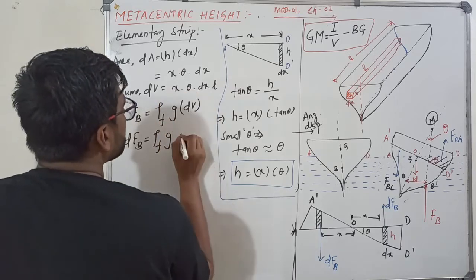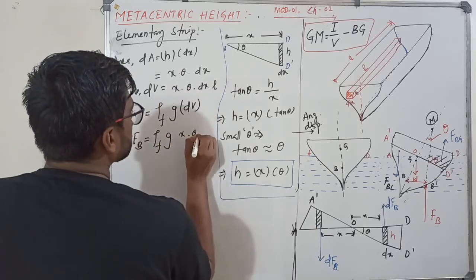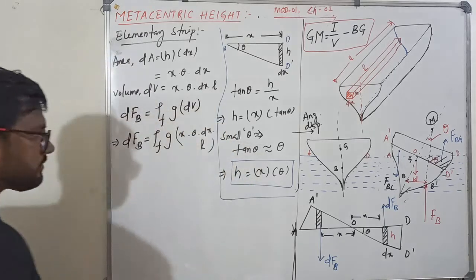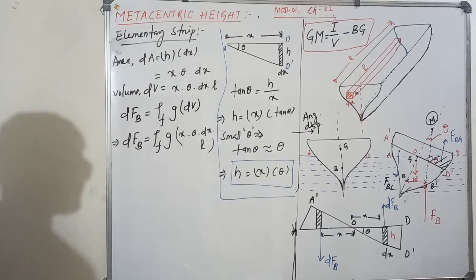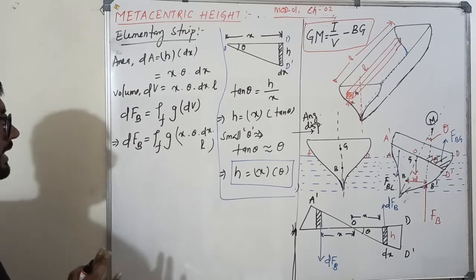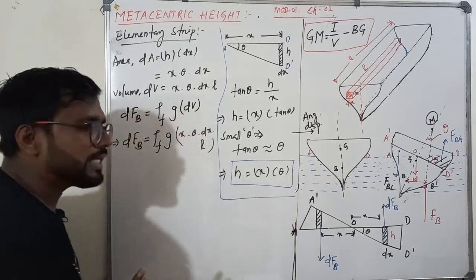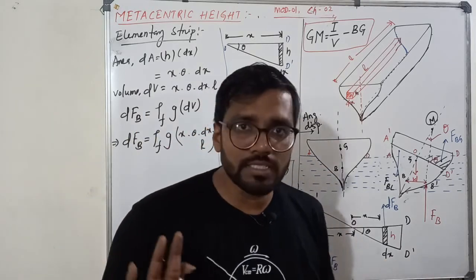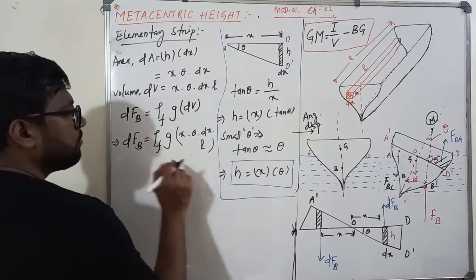What is your dV? dV is equal to x theta dx into L. Understood? So this dFb is the same for both the sides.